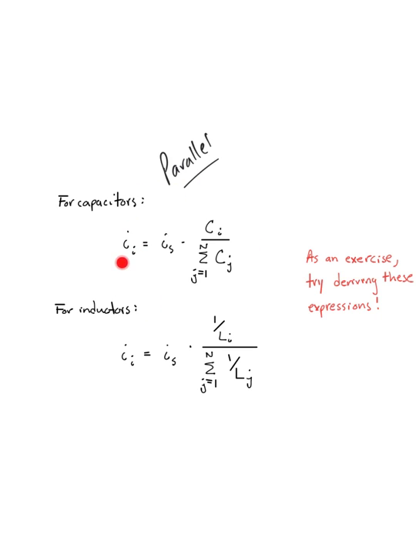The current of the ith capacitance in parallel is given by Is times the capacitance you're examining over the sum of all capacitors, and this is because capacitors in parallel sum. For inductors, the ith current through the ith inductor is given as Is times 1 over L of the ith inductor, divided by the sum of the reciprocals of the inductances in parallel, as this is how inductors combine in parallel.